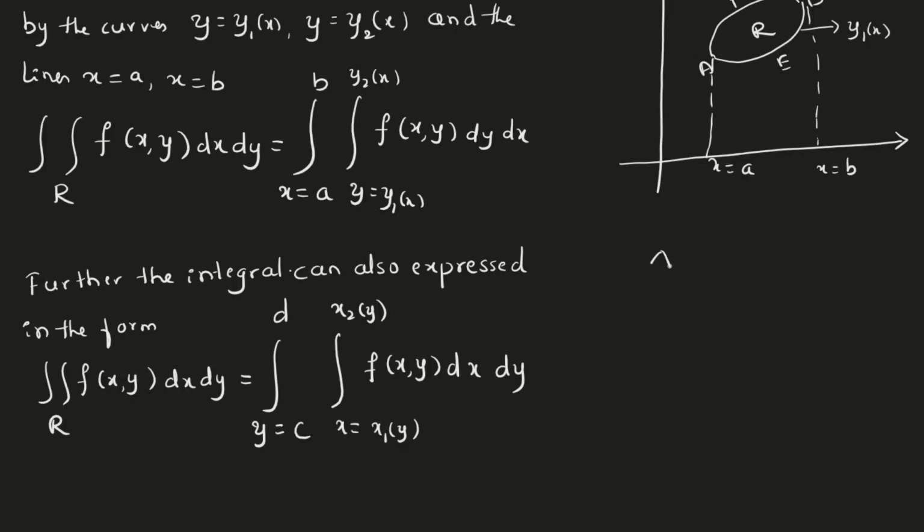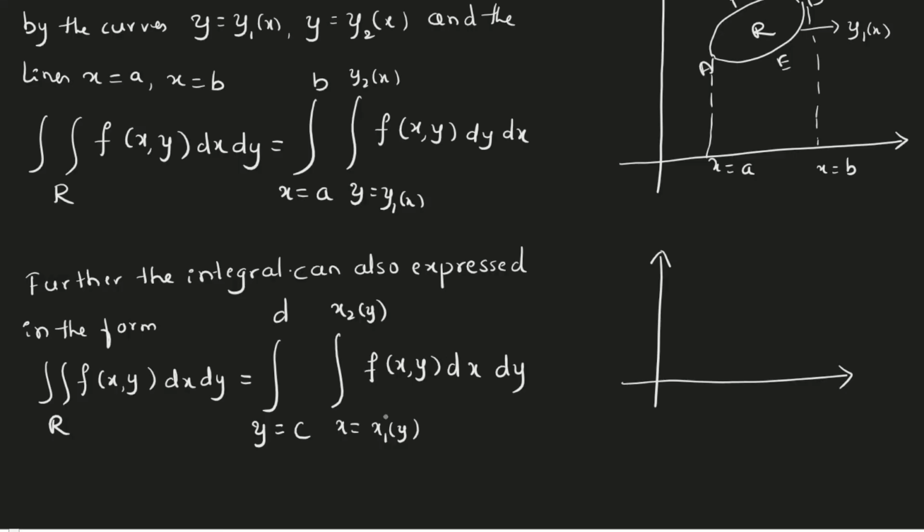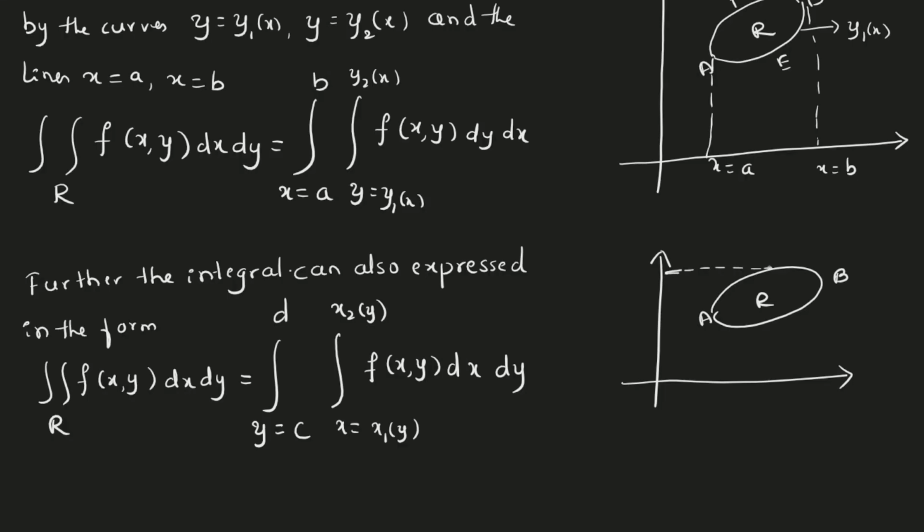Now for this your graph will change, because now we have curves x1 of y and x2 of y. What does that mean? This is our region R, A, B. Now the y lines: this is y equal to d, y equal to c.